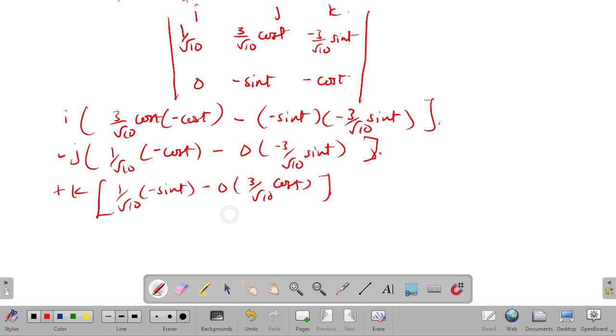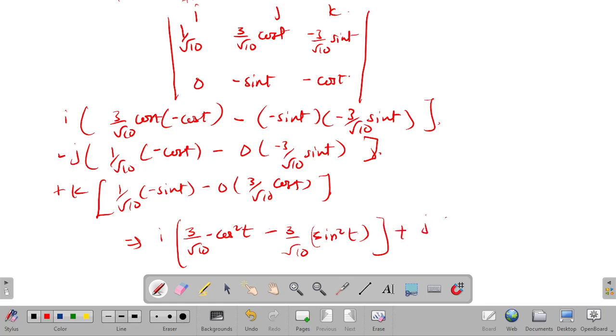So this expression gives us the i part: open bracket, 3 over root 10 negative cosine squared t, and then minus 3 over root 10 sine squared t, because subtracting a positive gives minus. Then close. For my j, the zero term goes away, so I have minus and minus giving plus j, open brackets, 1 over root 10 cosine t.